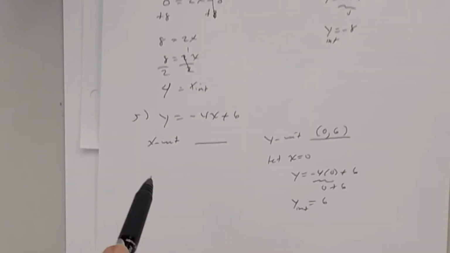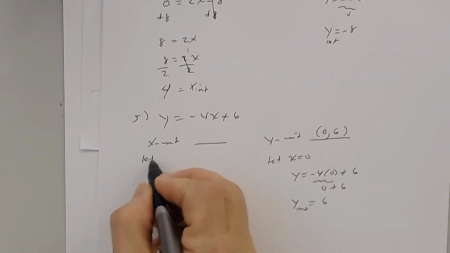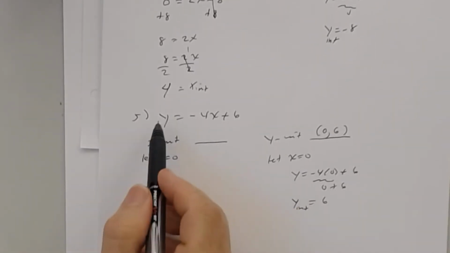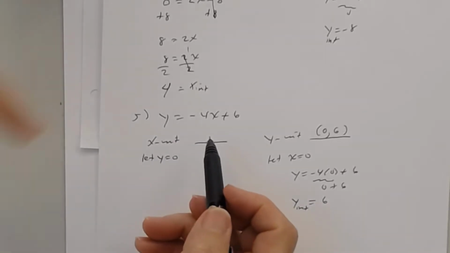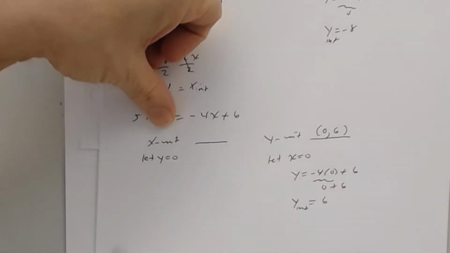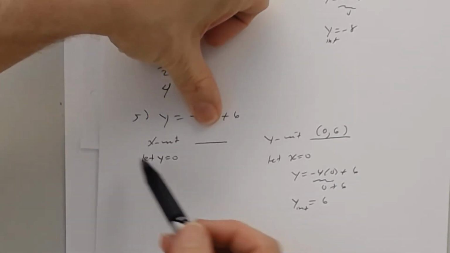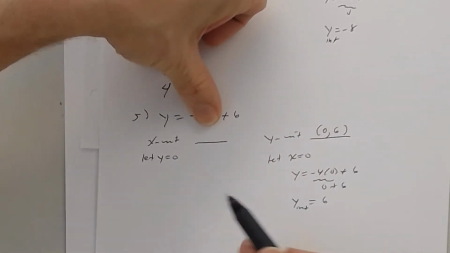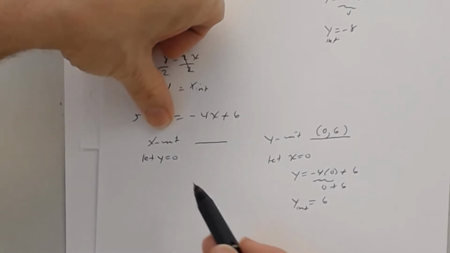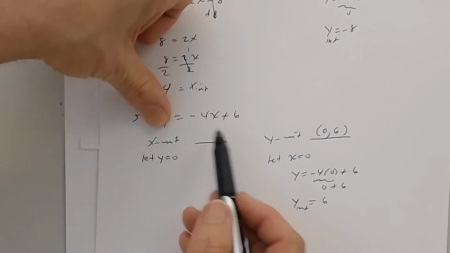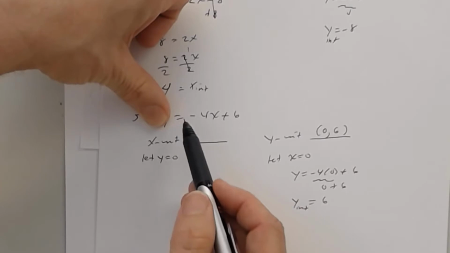For the x-intercept, you let y equal 0. Be a little careful with covering things up, because you may get confused. When I covered up the x term, you saw y equals 6. If I cover up this term, you may say, I don't see anything. What do I write? Well, you say negative 4x plus 6 equals what?